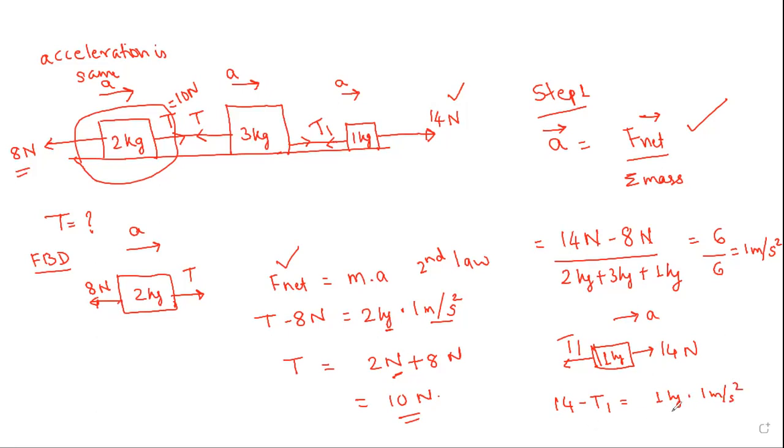So this becomes 1 Newton. So 14 minus T1 is 1 Newton, and this is how you would get T1 as 13 Newton. So 13 Newton is the answer.